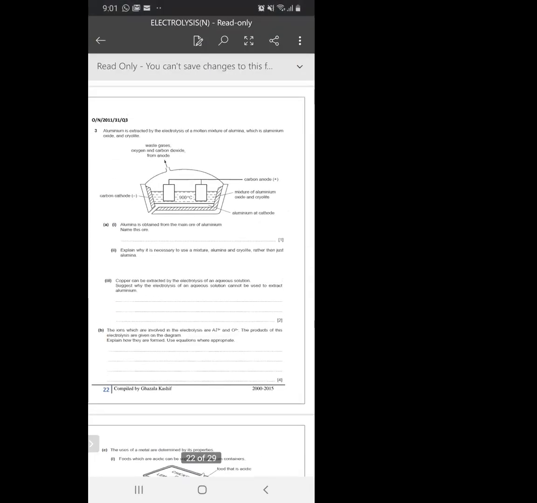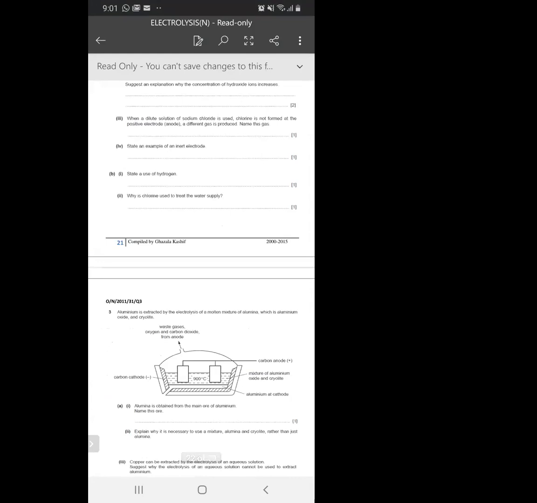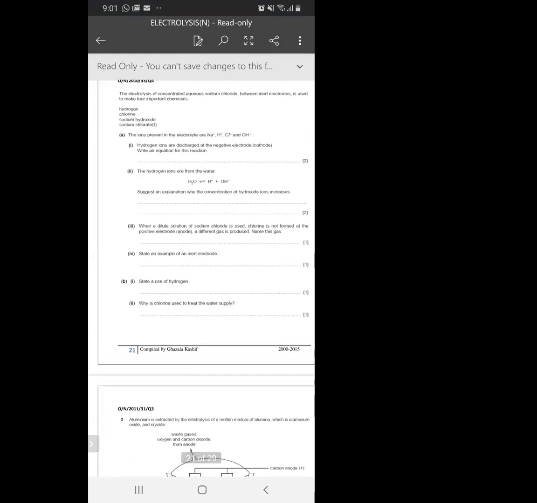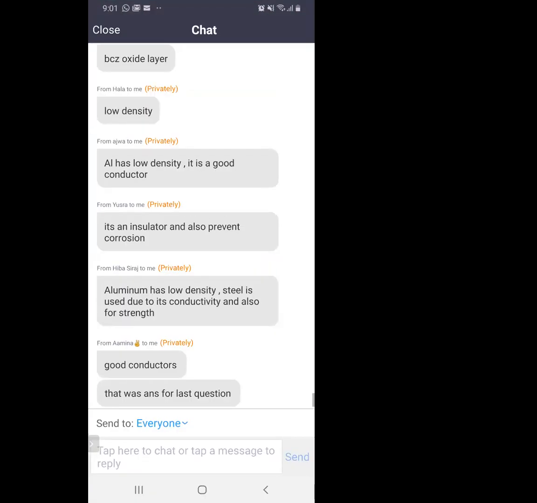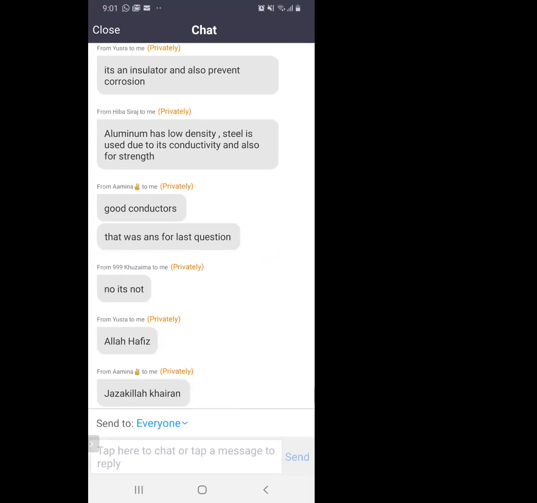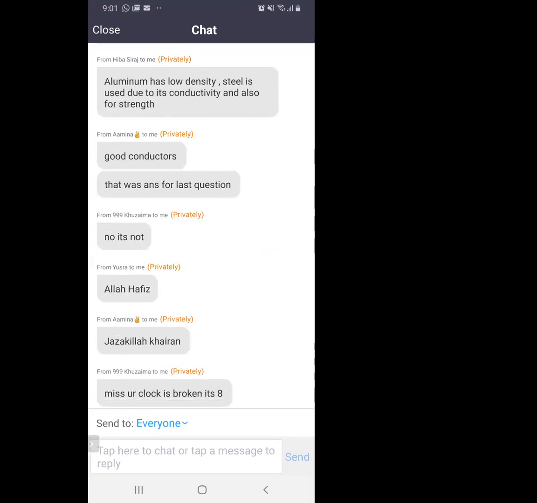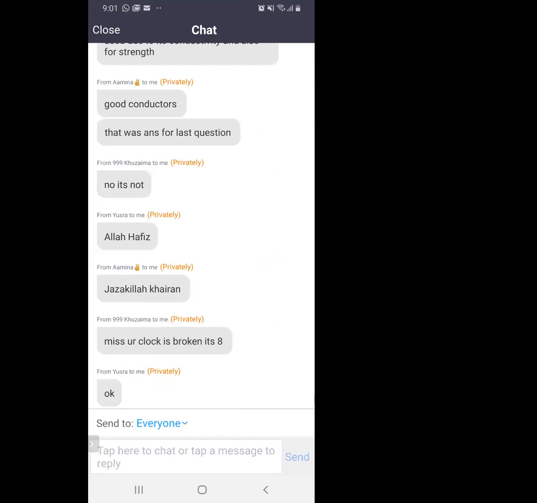Okay, let's move on. Oh, it's 9 o'clock. So inshallah, tomorrow I was thinking that we do physics. Which chapter? We do physics past papers of expansion of solids and liquids. Yes, expansion of solids and liquids. Your clock is broken. It's 8.